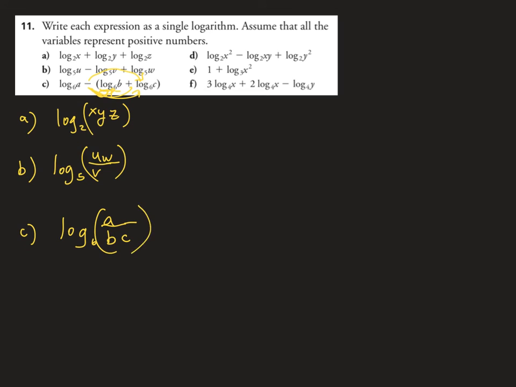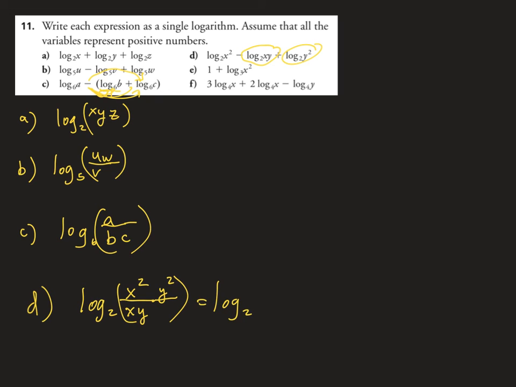And so b and c will both go on the bottom. All right, part D. We're doing the log base 2. We've got x squared minus xy, so there's going to be an xy on the bottom, and plus y squared, so you're going to have a y squared on the top. That's equal to log base 2 of, one of these x's is gone, one of these y's is gone, of xy.